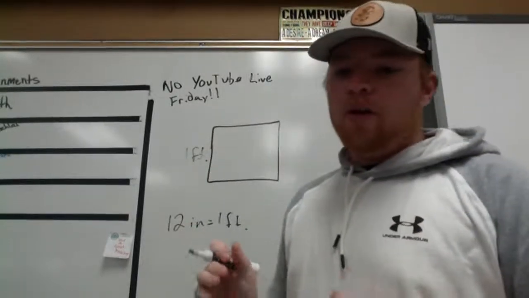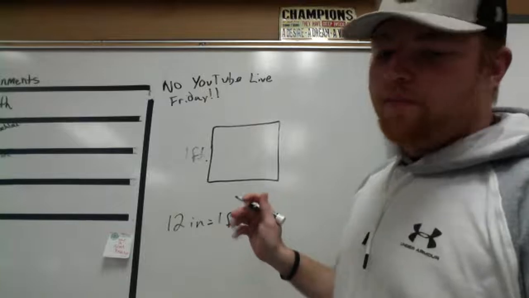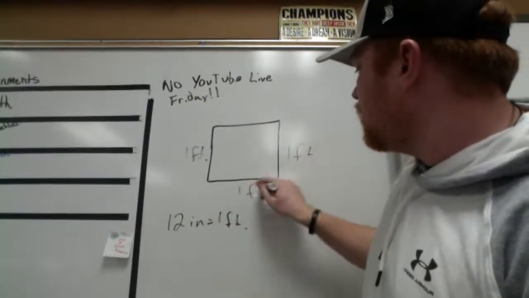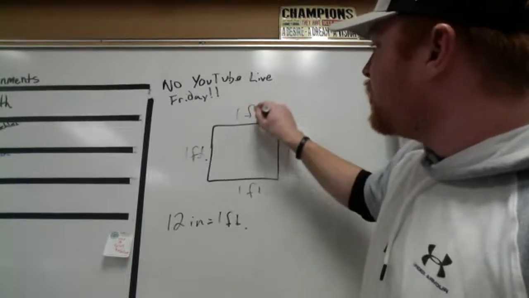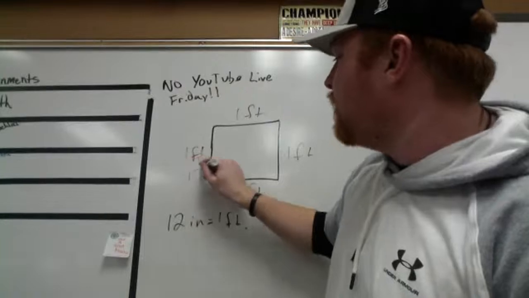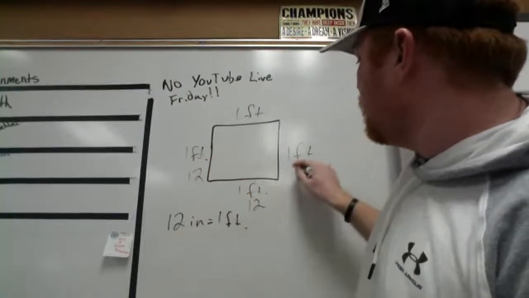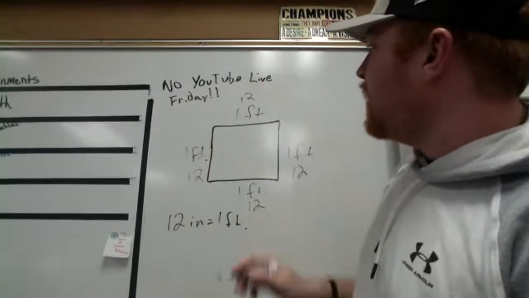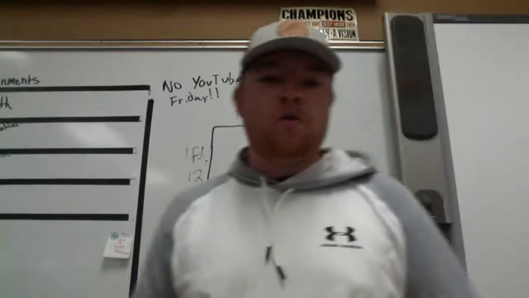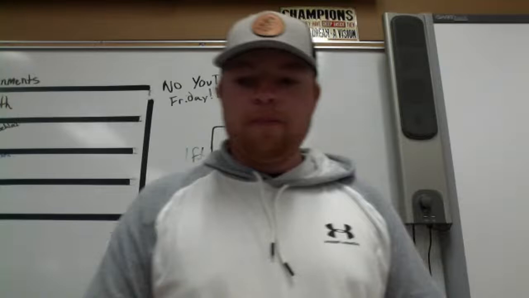It's the same. So each side would be 1 foot, and we need to know how many inches it is. So it'd be 12 inches here, here, here, and here. So you can either multiply 12 by 4, or you can add 12 four times, Lily.